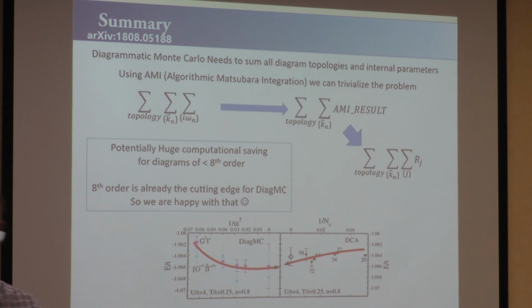Now, there are potentially huge computational savings for diagrams below about 8th order. And that is already about on the cutting edge of what is done in direct diagrammatic Monte Carlo, and we could probably do real frequency applications. So that's where this work would be going. We're quite happy with that.